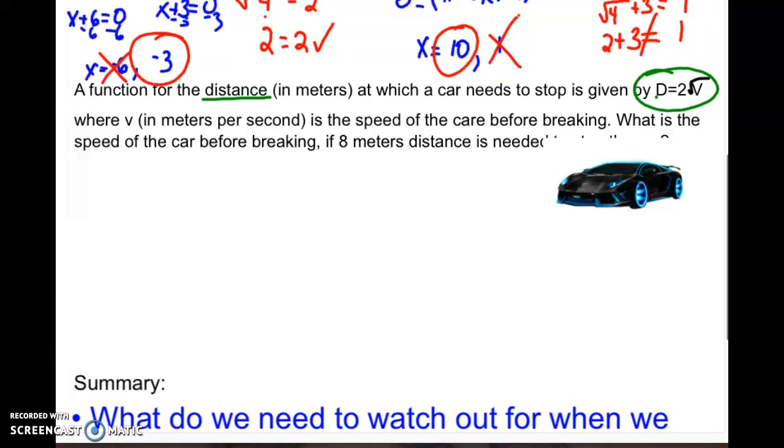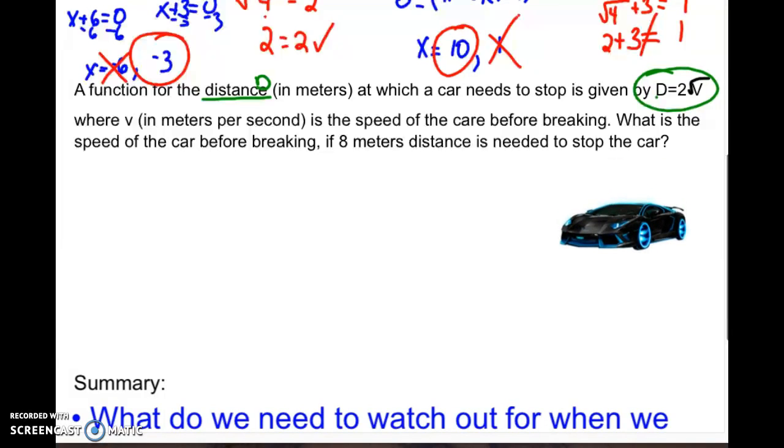So I'm going to assume that the d here is our distance, and the v is your speed, like your velocity. And the question, here's our last period, so start with the question. What is the speed, so what's v, if the braking distance is 8 meters?